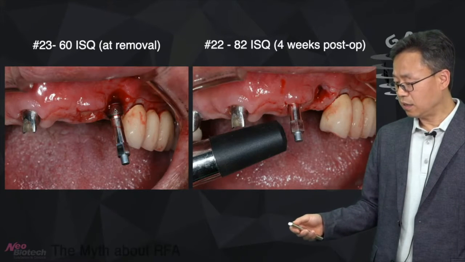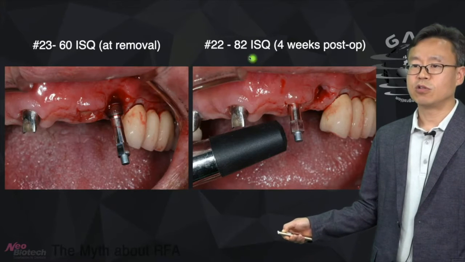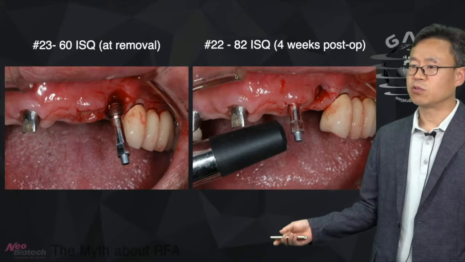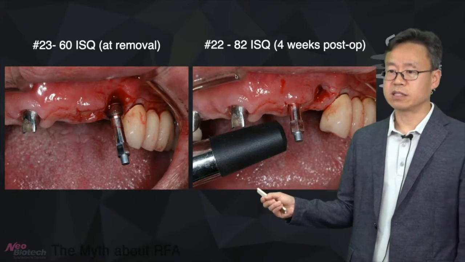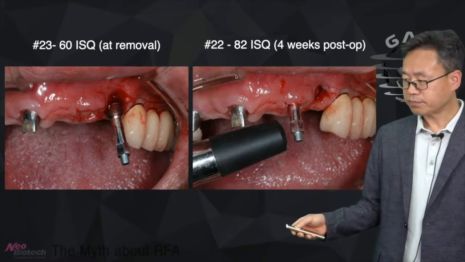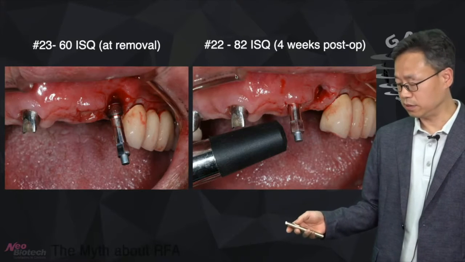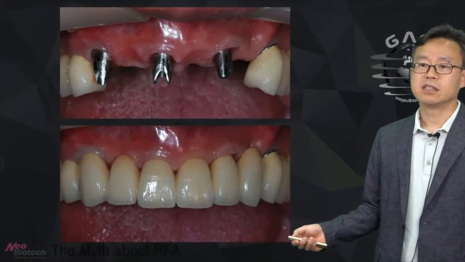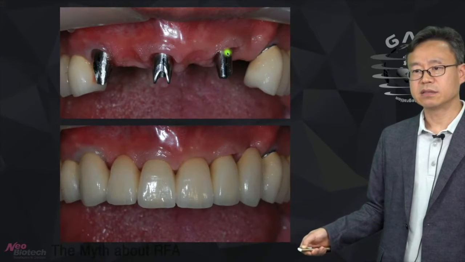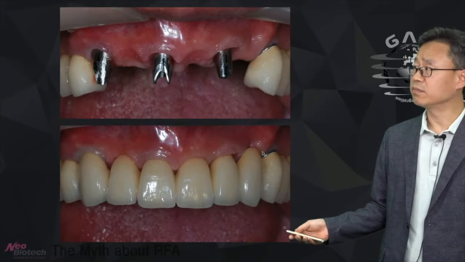And luckily enough, number 22 implant showed pretty high ISQ measurement, only 4 weeks after the placement. So I ended up starting to make a new prosthesis for this patient. So this is what happened. New implant, this implant is gone, and new prosthesis, 6-unit.